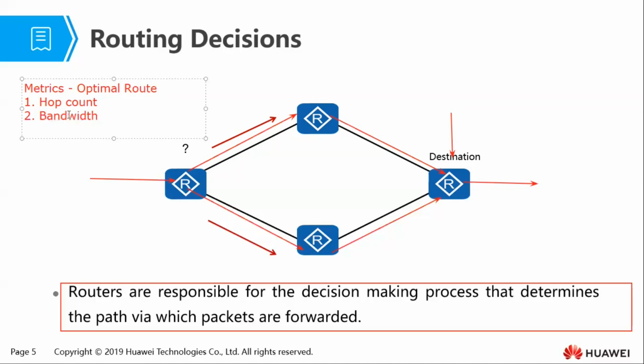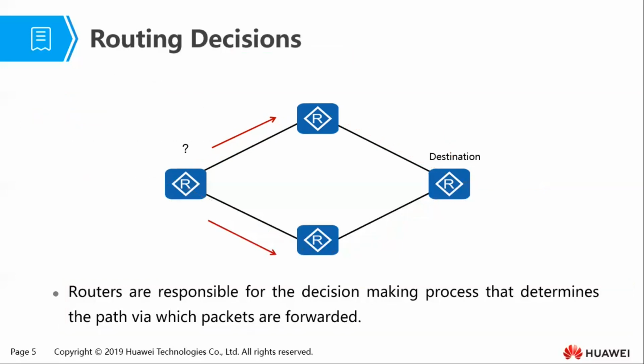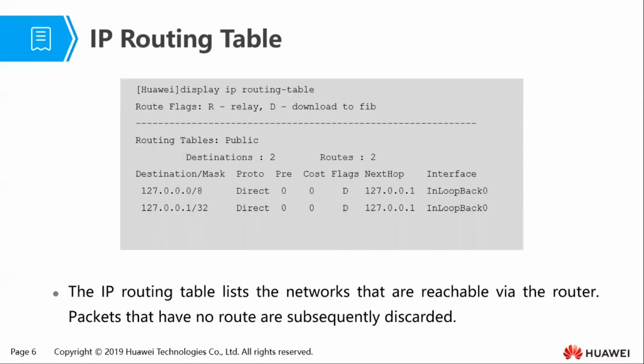So do we have traffic jam? If we don't have traffic jam, then we follow that route. So they keep on communicating with their phone. So routers work in a similar way in order to select the optimal route. So it is important to repeat again that these metrics will differ depending on the protocol that is used.